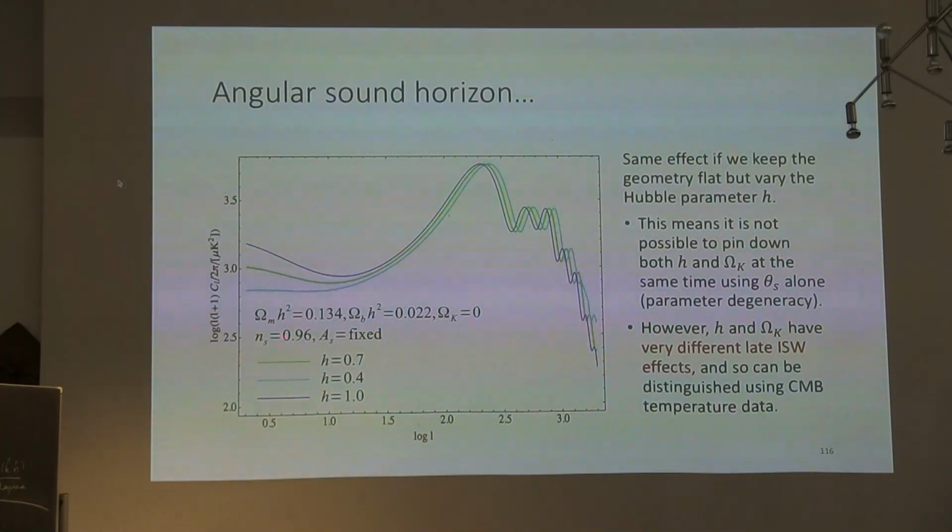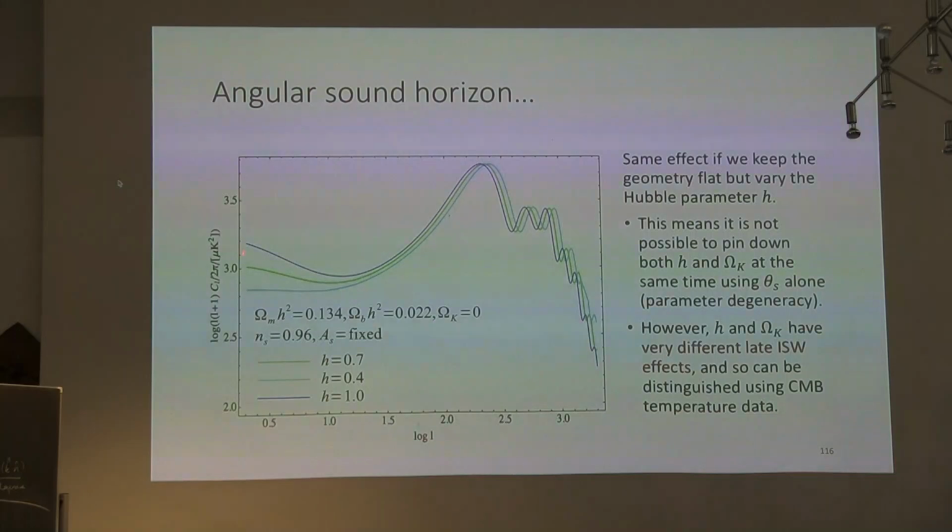I'm also going to end up changing omega m. Here I fix omega m h squared, but if I'm changing h itself, then my actual omega m would also be varied across these three cases. If I change the matter density, then I'm changing the way I transition from matter domination to dark energy domination. And that manifests itself in the late ISW effect.